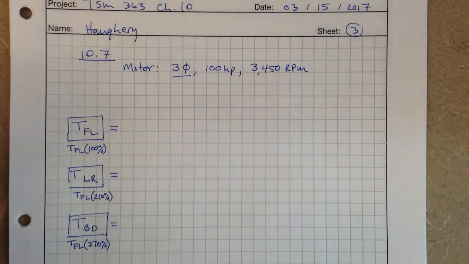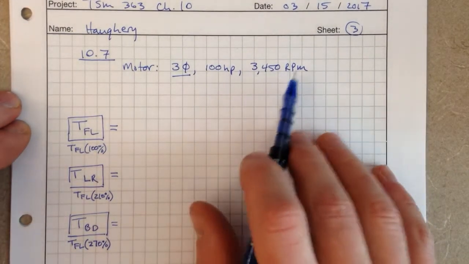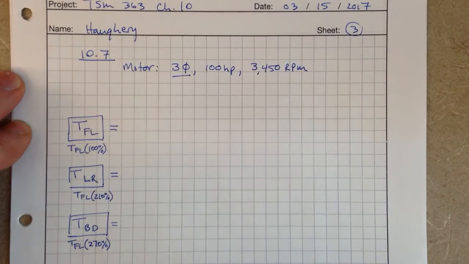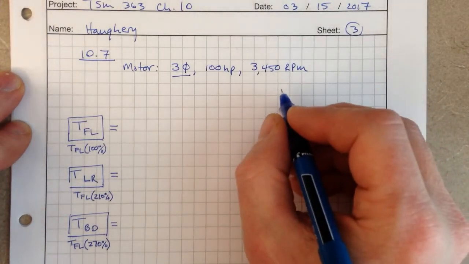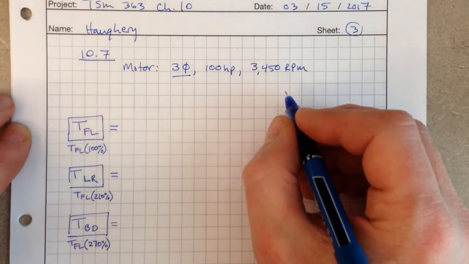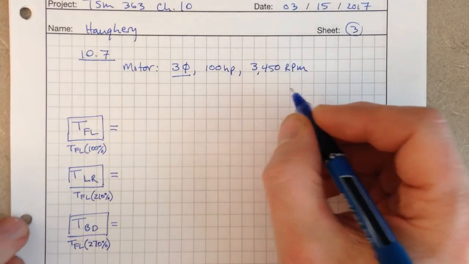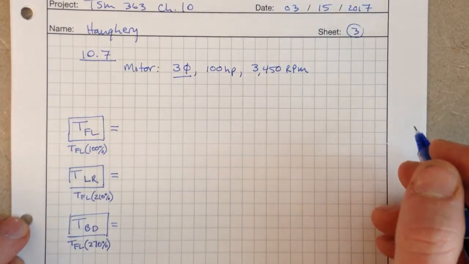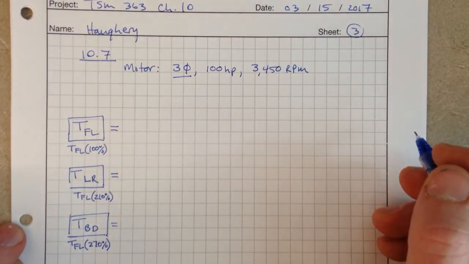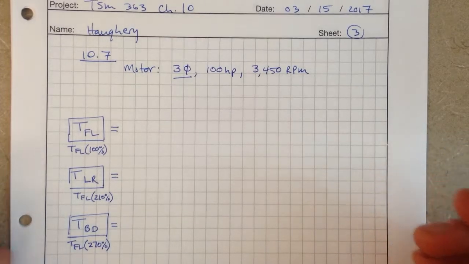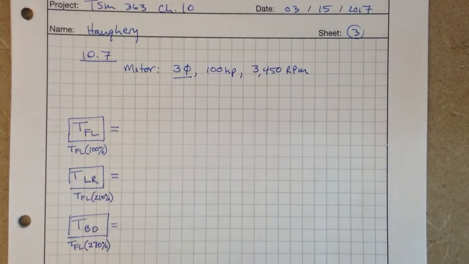Also, since we have horsepower and speed, we can use our equation: horsepower equals our speed and our torque.